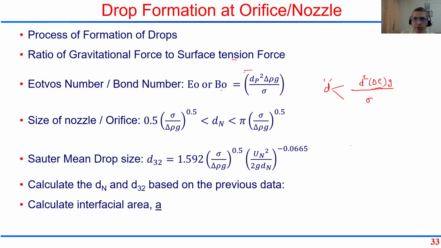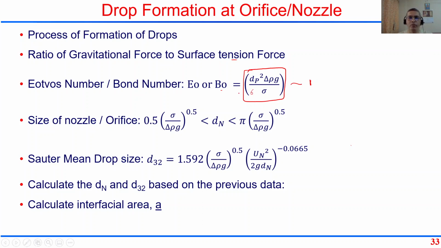So this tells you the relative importance of the surface tension force on the drop as compared to the net gravitational force on the drop. And the drop detaches when this is almost of the order 1. Actually that 6 part is here.